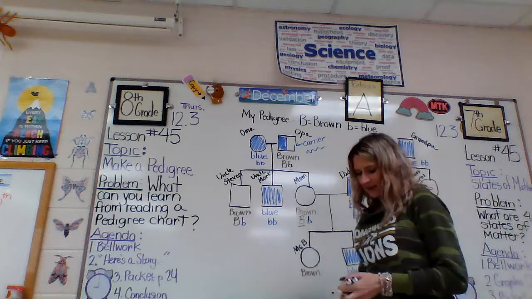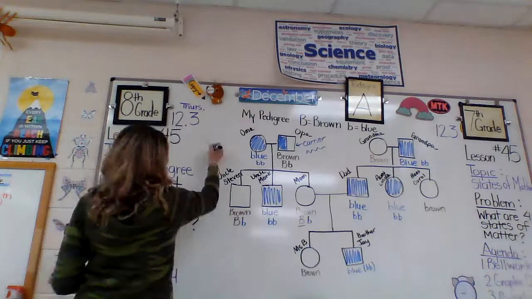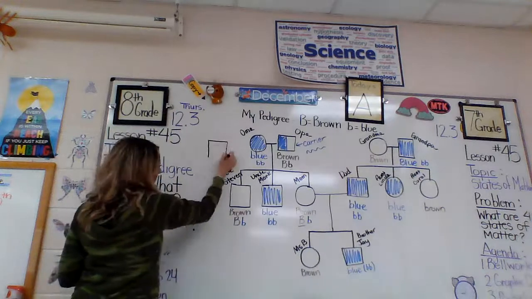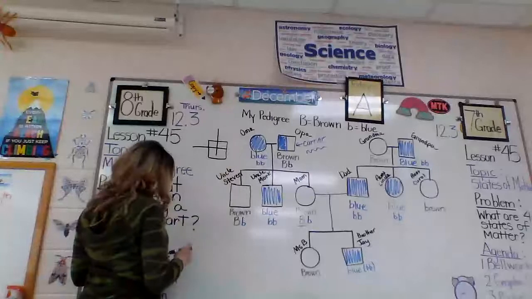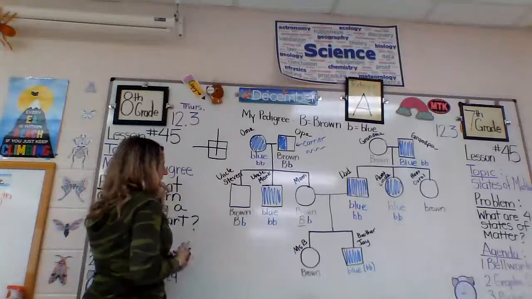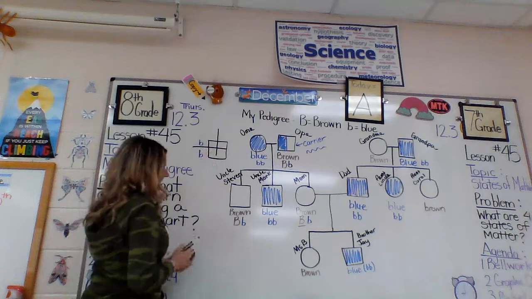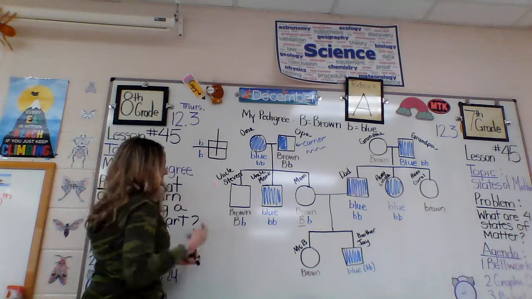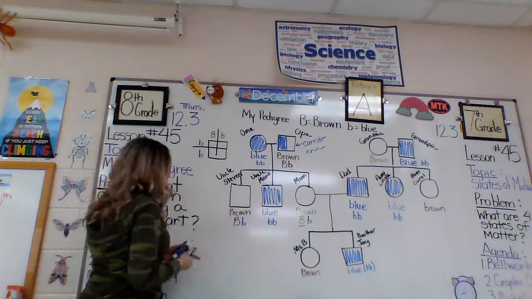When I do a Punnett square to just check myself, I can always do that. I could take Oma's genes and put them on the side, and take Opa's genes, capital B, lowercase b. Then in the middle, I could put my offspring.